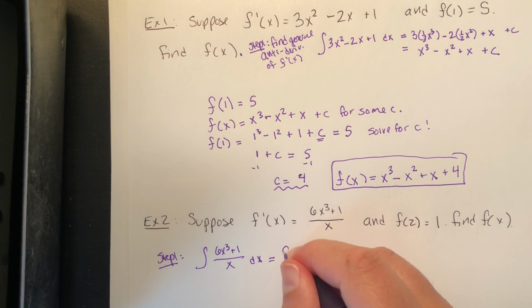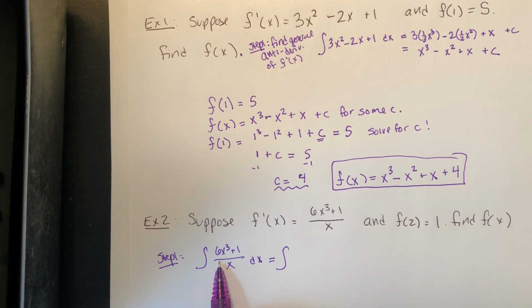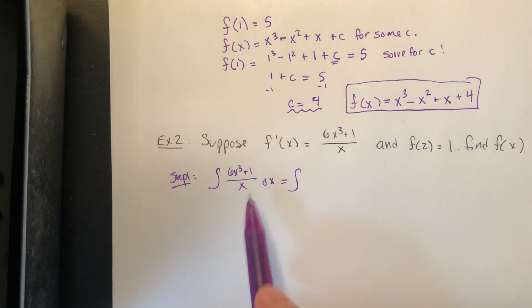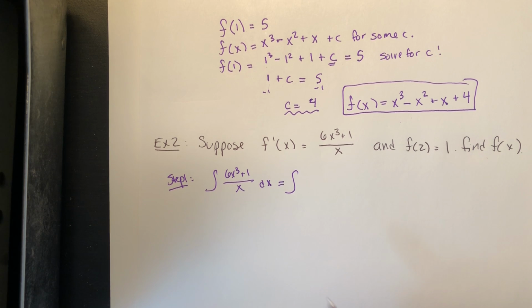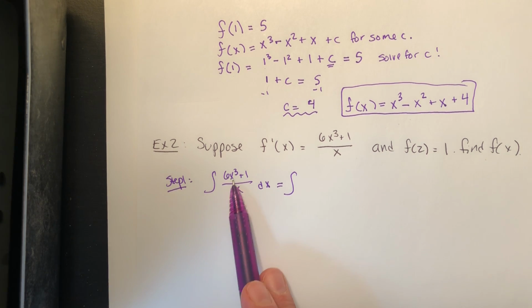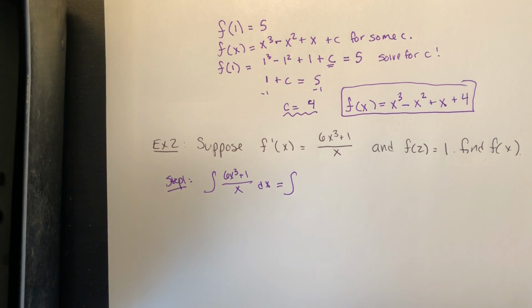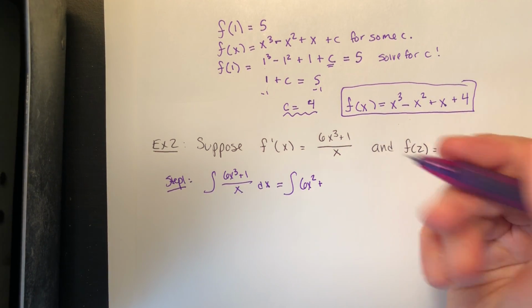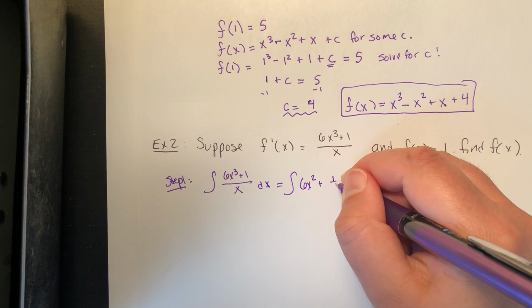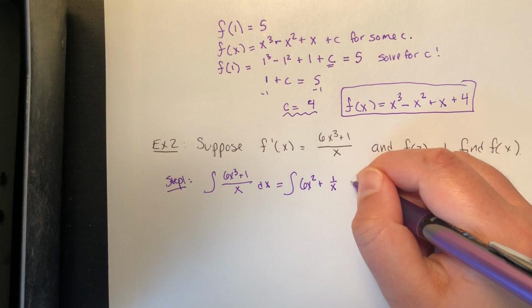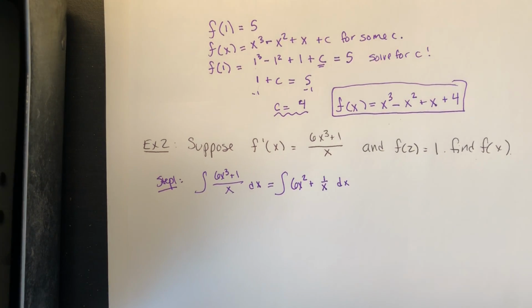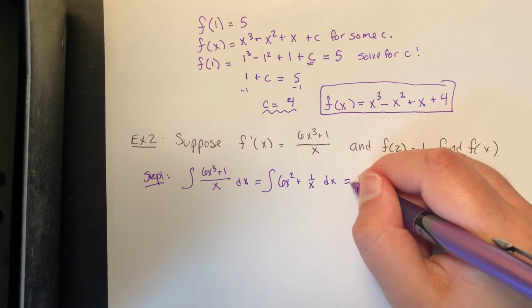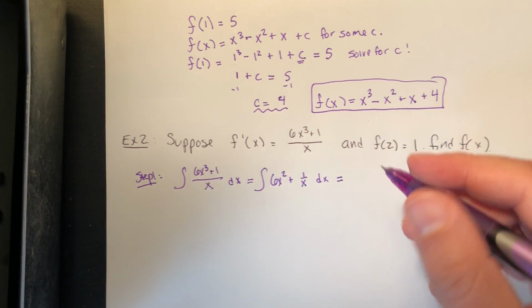Well, it's going to be easier, just like in the last page, if I divide each term by x to get rid of the fraction. So I have 6x cubed over x would be 6x squared plus 1 over x. You can write that as x to the negative 1 if you want, or just write it as 1 over x with respect to x. And now actually take that antiderivative, so we can stop writing the integral sign.